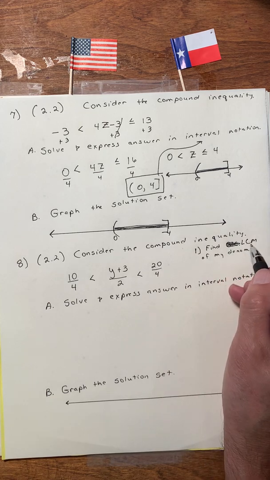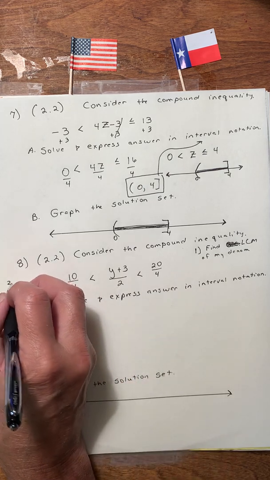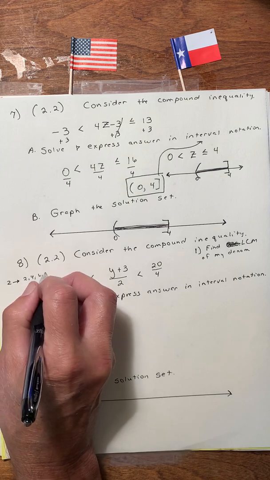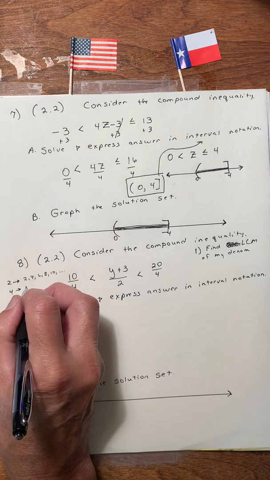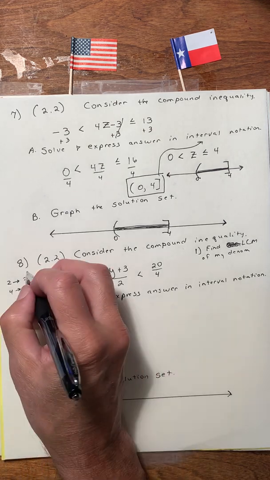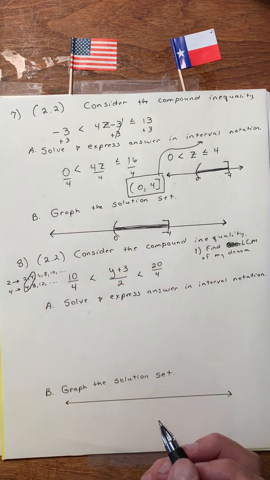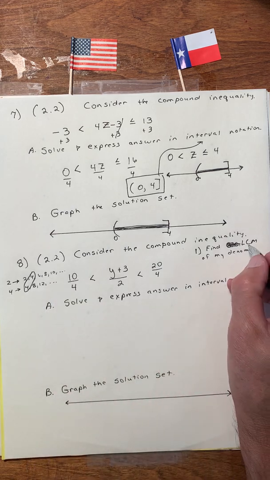I want to find the smallest multiple of 4 and 2. 2's multiples are 2, 4, 6, 8, 10, etc. 4's multiples are 4, 8, 12, etc. The smallest common one is right there. Common means they have it in each list. So 4 is my LCM.